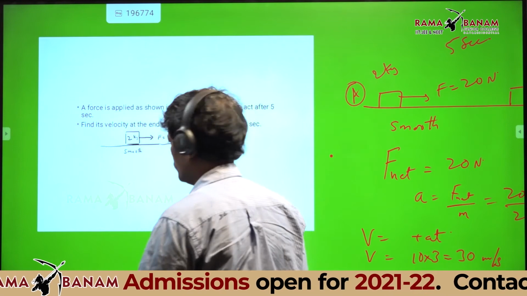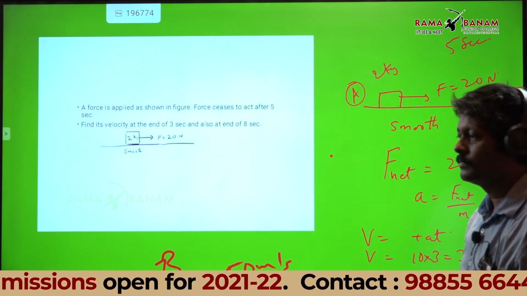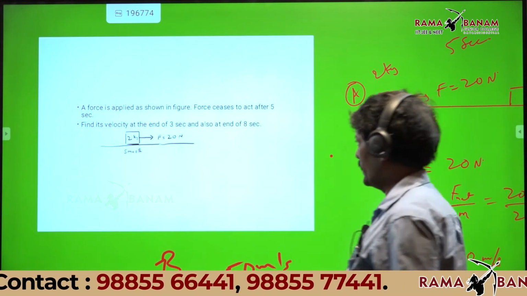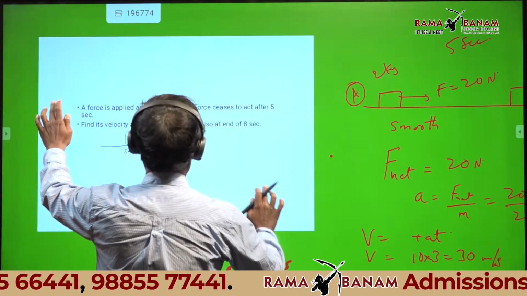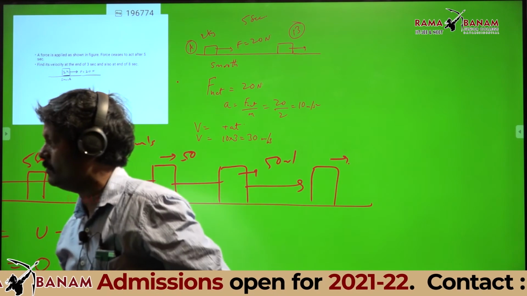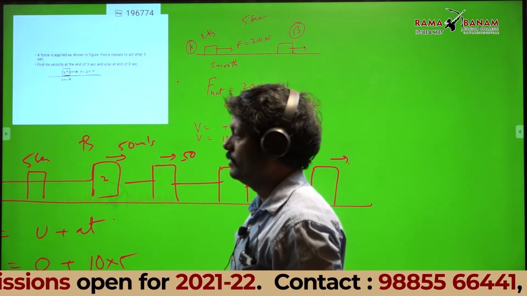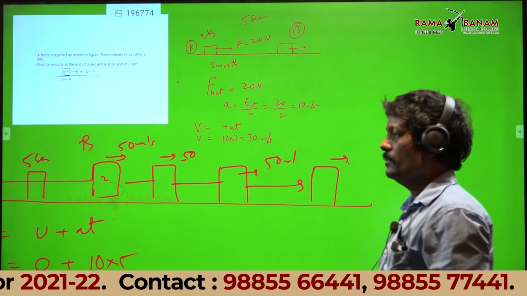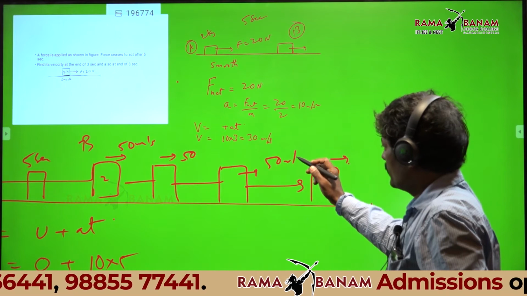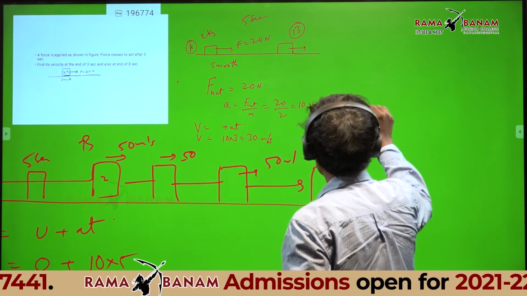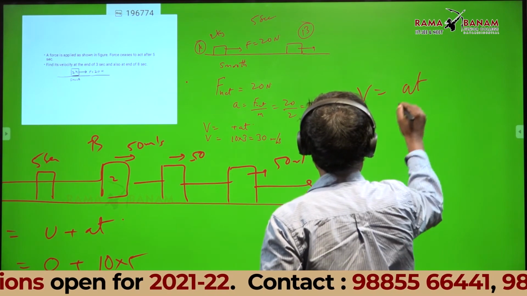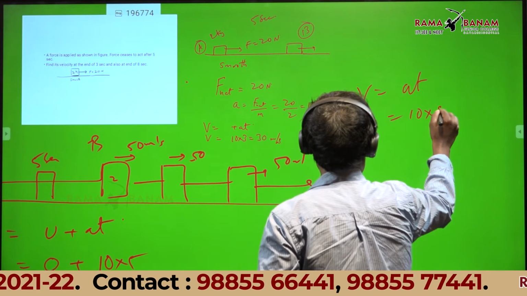Sir, while finding at the end of 8 seconds, you kept t equal to 5. I'll tell you again. See, the doubt was from which side? I have taken v equal to 80, a is 10, t I took 5.